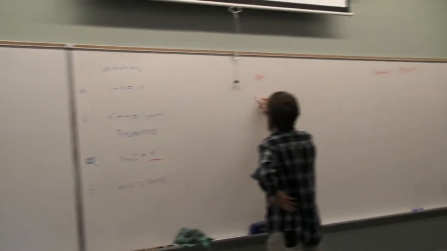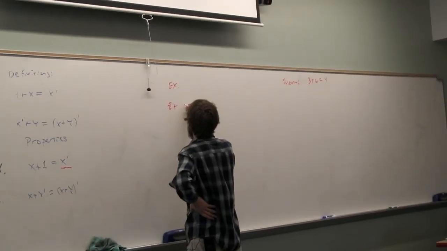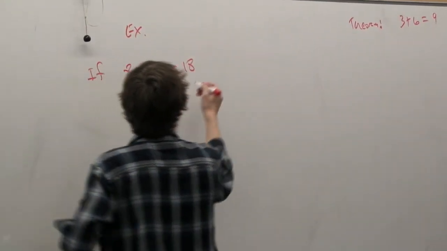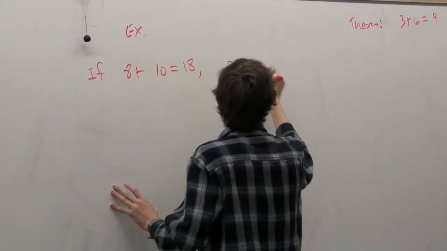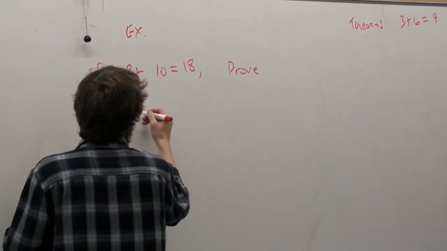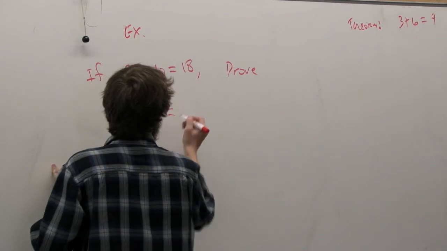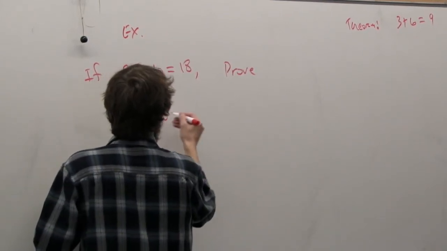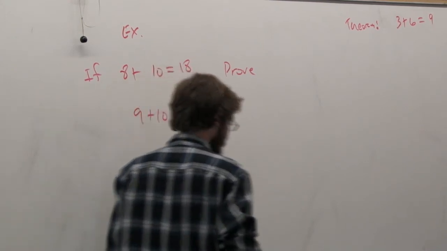Let's suppose that 8 plus 10 is 18. Let's use that to prove that 9 plus 10 is 19.